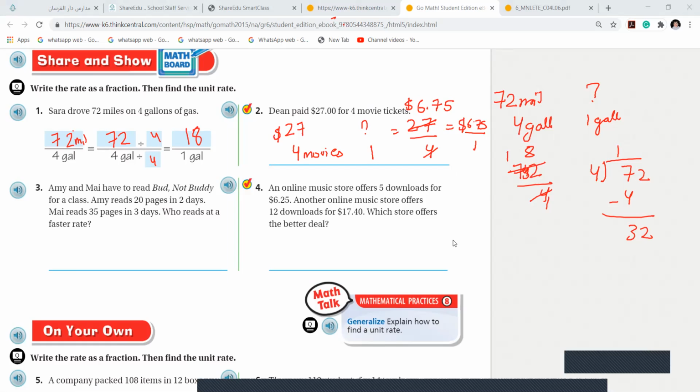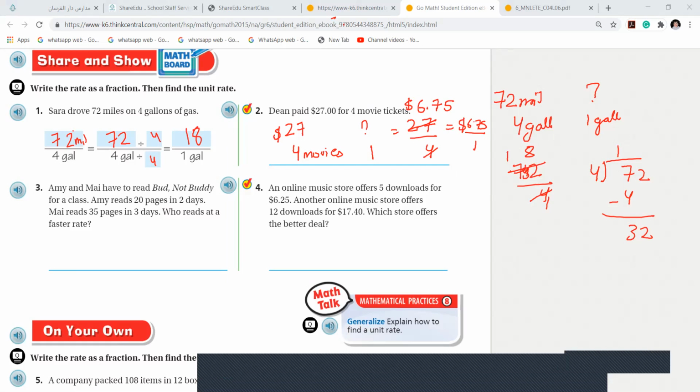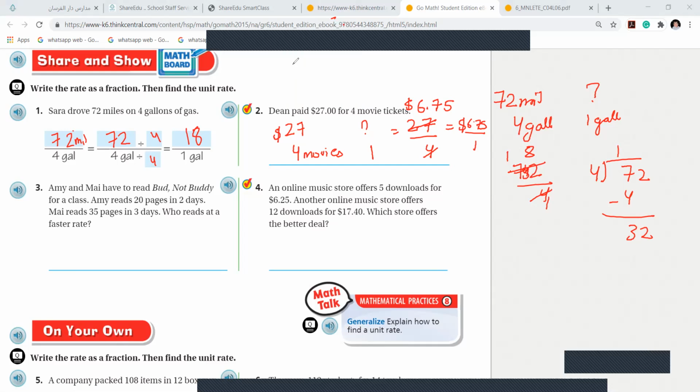Just tell me fast. Did you understand this? 27 for 4 movies. So for one movie, how much? 27 divided by 4. That is for one movie, it's $6.75. Understand? Tell me, Malak. Why did we divide 27 by 4 movies? In the last questions, in the egg one, we divided how many eggs and how much they cost.